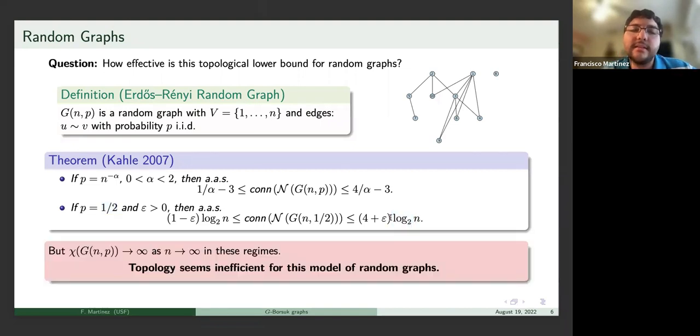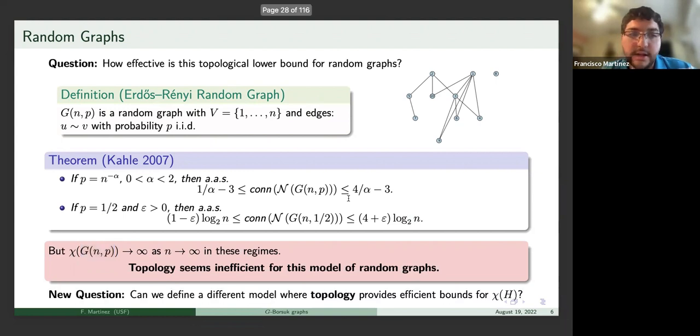But in either case, the actual chromatic numbers of these graphs are understood, and they are known to go to infinity way faster than these bounds. So at least this topological bound seems not to be efficient for this model of random graphs. So the next question we can ask is: can we define a different model of random graphs where topology is actually effective?